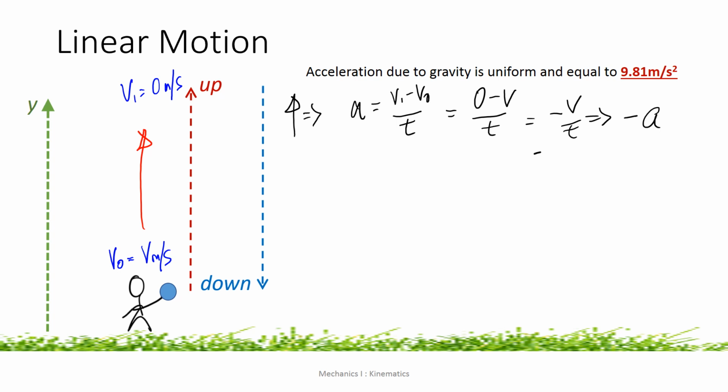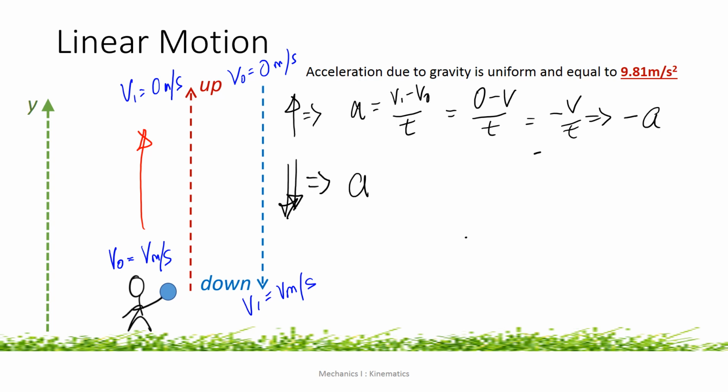Now let's take a look at the downward direction, which is stage 2. Now, as I mentioned, for stage 2, the initial velocity is 0 meter per second. And due to gravity, it accelerates downwards and will reach back to the original spot where it was thrown with a certain velocity v. So in the same spirit, let us analyze the downward direction.